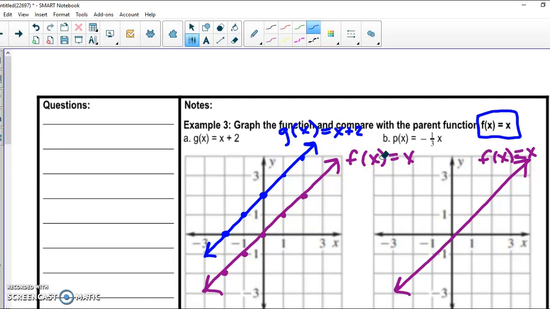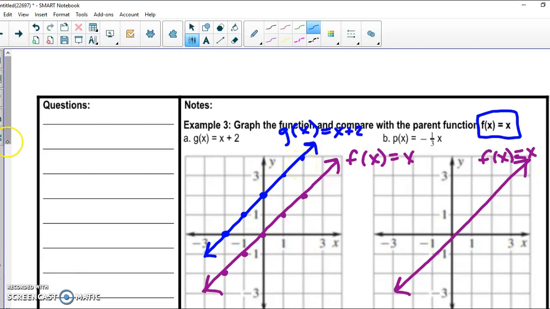That's one way they're the same. The only thing that's really different is g of x has a y-intercept of positive 2, where f of x has a y-intercept of 0. So otherwise, these graphs are identical. So all that we changed was we took this line and shifted it up 2 units.